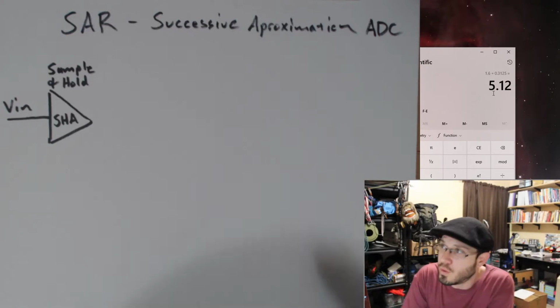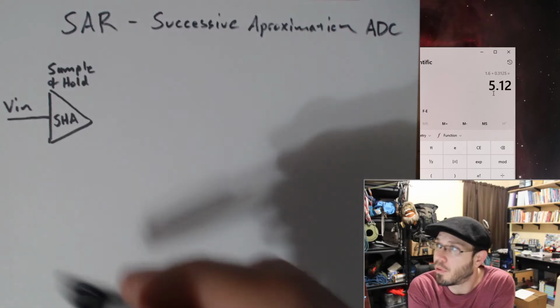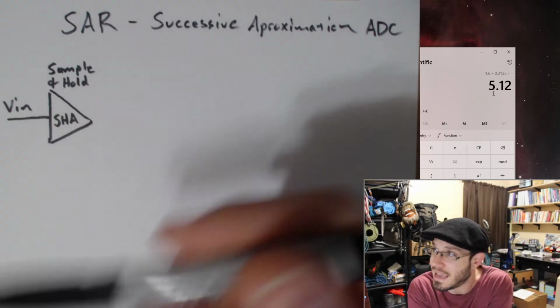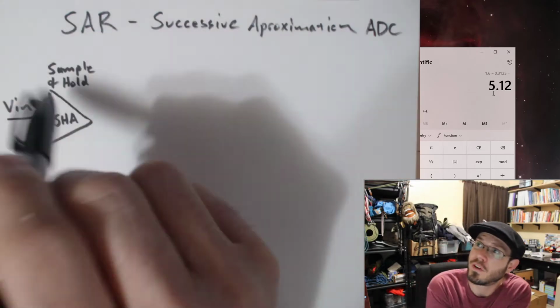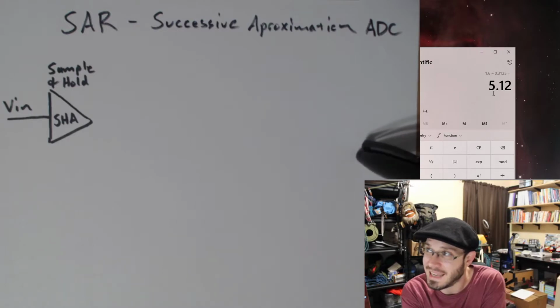But when we do an analog digital converter, we actually are going to do a process. We're going to do this iterative process to convert our analog voltage into our digital values on the output.